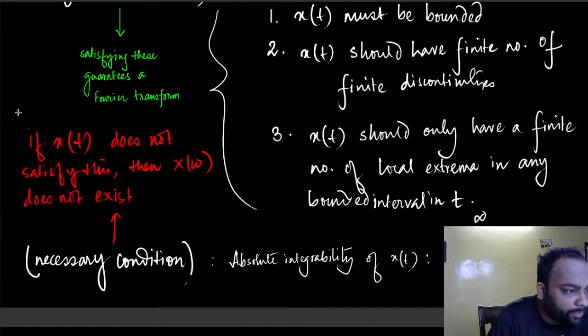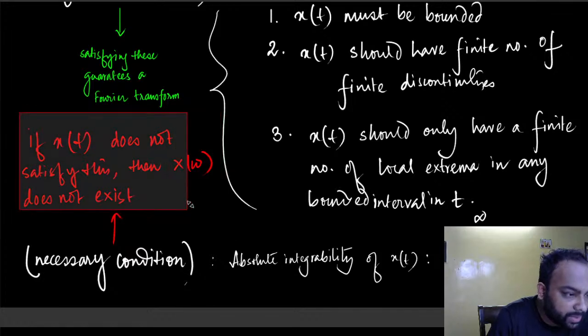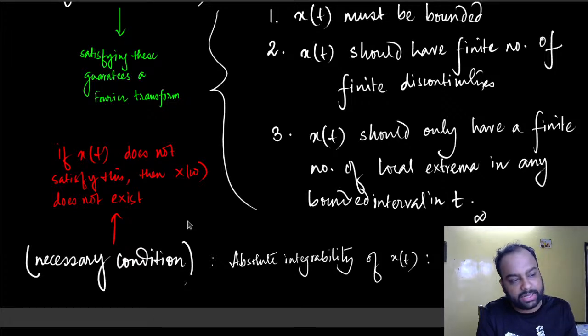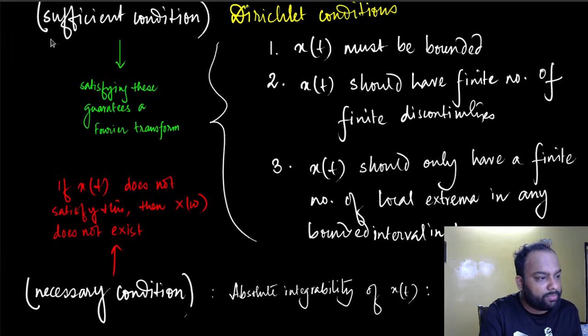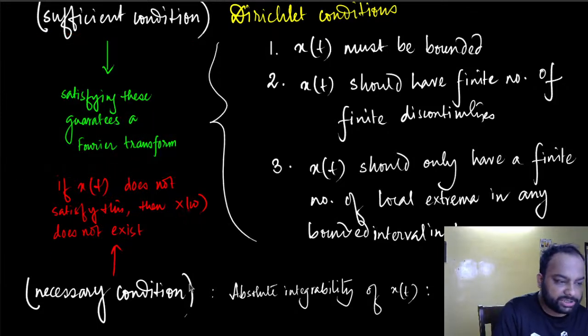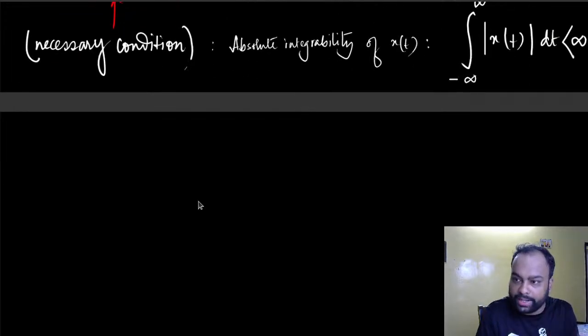So that's the point. This is the necessary condition. Now, if we think about signals that violate this condition, we would have a set of signals that do not have Fourier transform representations, right? You get the point, right?